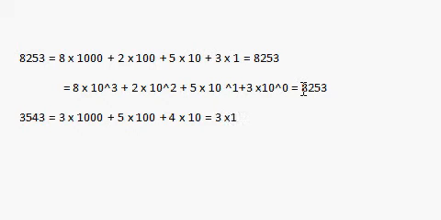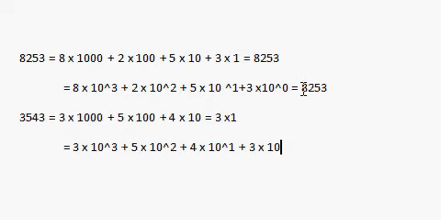Now for the exponents: 3 multiplied by 10 to the power of 3 plus 5 multiplied by 10 to the power of 2 plus 4 multiplied by 10 to the power of 1 plus 3 multiplied by 10 to the power of 0. And that also would be equal to 3,543.